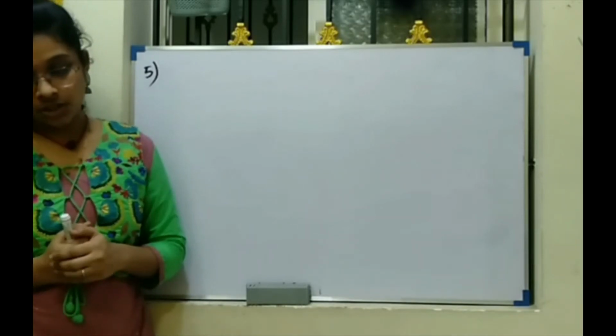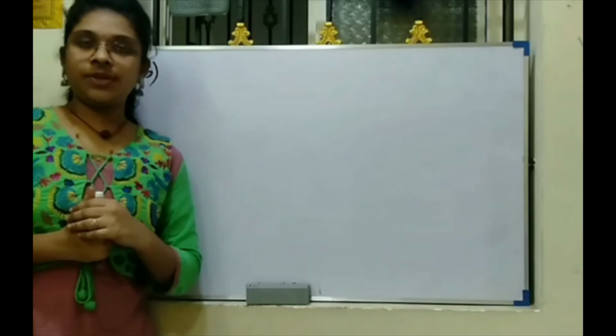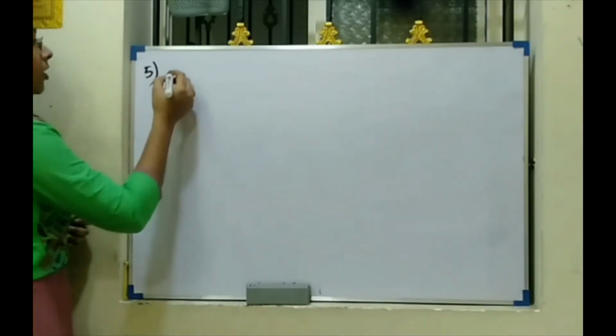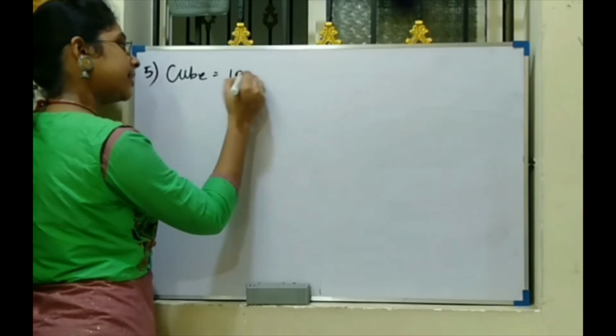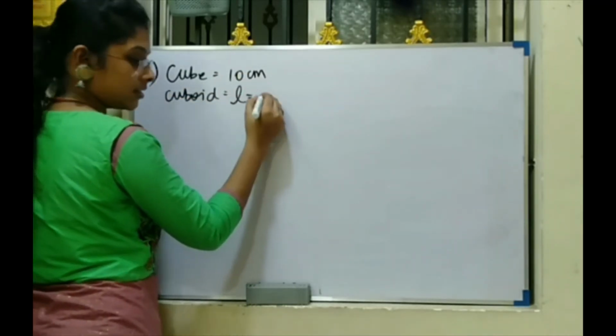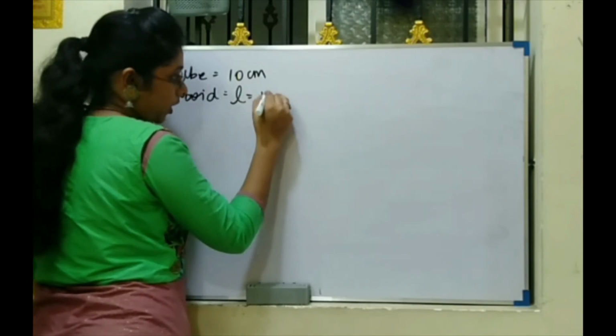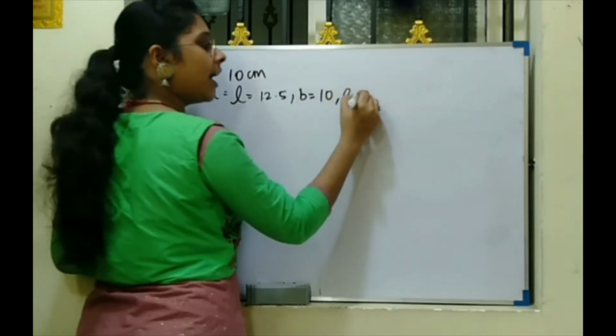Now second part of the question, we have to find which box has the smaller total surface area and by how much. So your cube has edge equal to 10 centimeter and cuboid has length 12.5, breadth 10 and height 8.